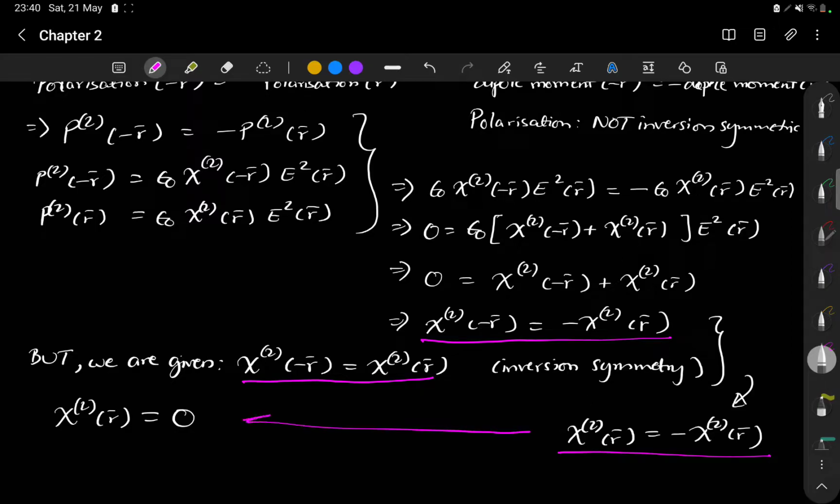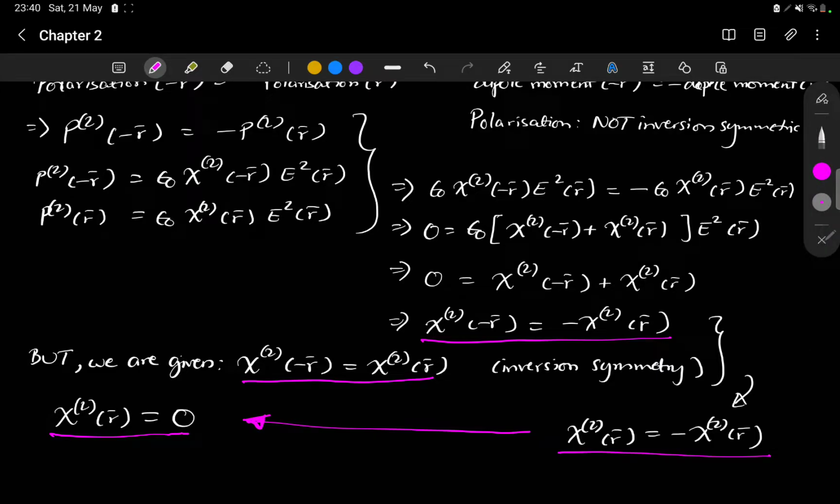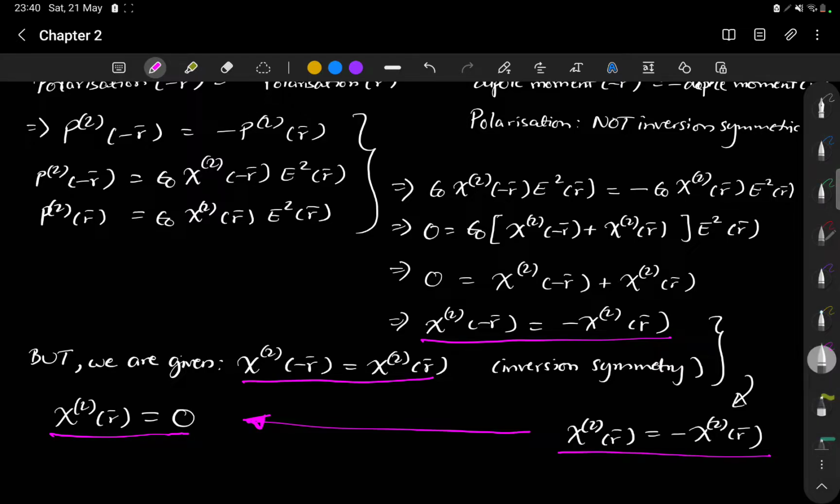So from here we get the following, and this solves the first part of the question, which said that the second order nonlinear susceptibility of materials with inversion symmetry would be 0. Let us now look at the second part of the question.